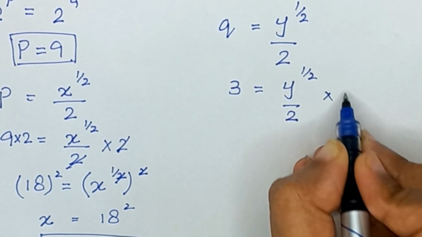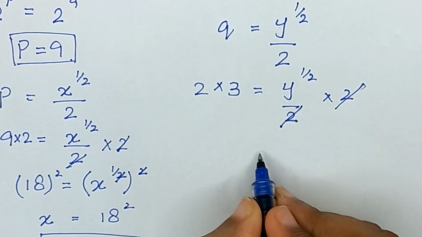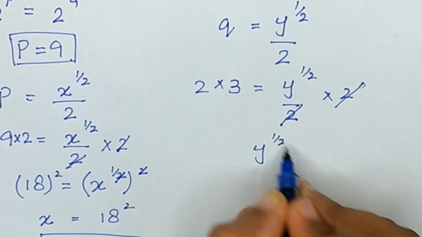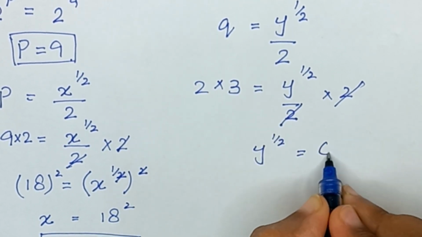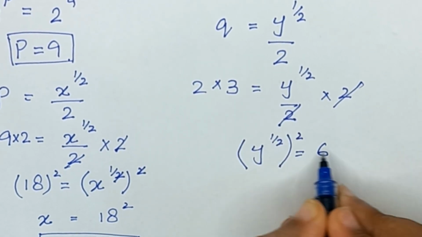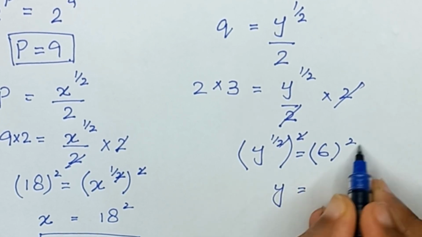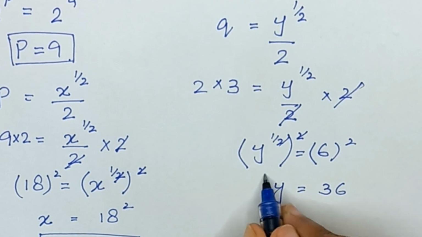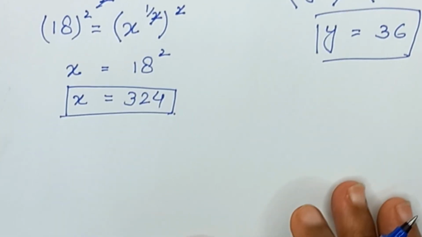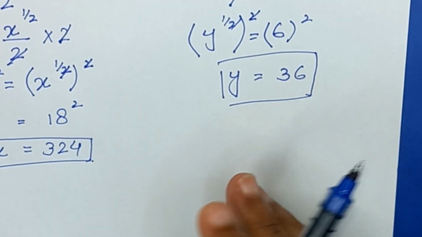Now again we will multiply by 2 on both sides to remove this fraction. So 2 and 2 will cancel out, and it will become y raised to the power 1 divided by 2 is equal to 6. Now we will remove this power 1 divided by 2, so we will take the square on both sides. So y is equal to 6 square, which is 36. So these are the values: x is 324, and the value of y is 36.